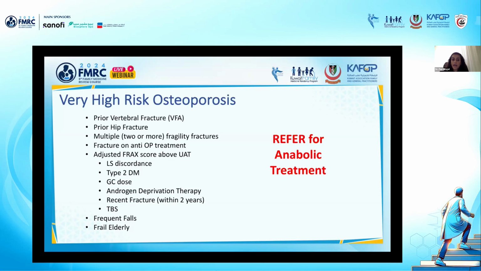If you adjust the FRAX score for the discordance in the lumbar spine, type 2 diabetes, glucocorticoid use, or any of the enhancers, and it is above the upper assessment threshold, they should be referred for anabolic treatment. The very frail elderly patients should be referred for anabolic treatment. Patients who come with frequent falls, a history of falling several times a year, and didn't fracture yet, should also be referred for anabolic treatment.